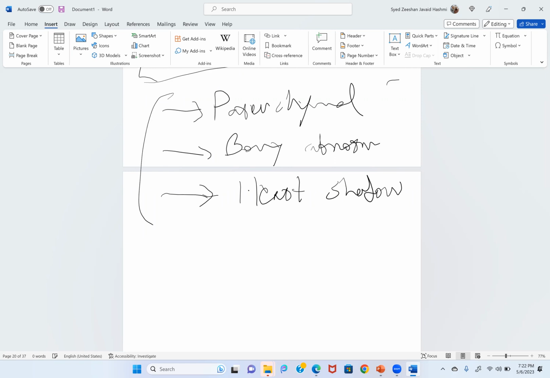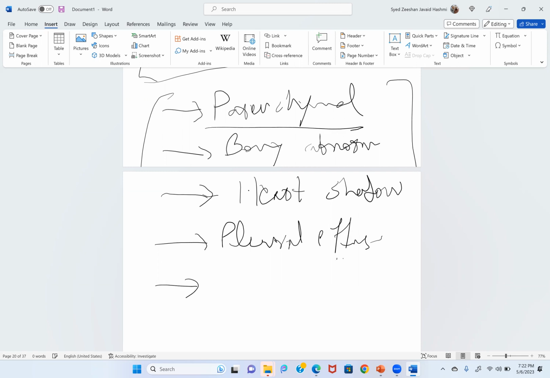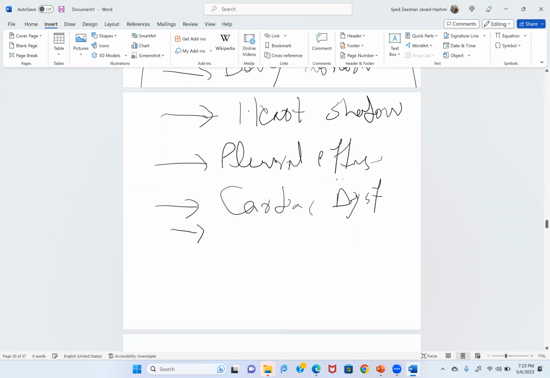If you have some problem in the costophrenic and cardiophrenic angles, maybe pleural effusion, there is haziness. It may be either because of cardiac dysfunction, or there may be development of pneumonia.